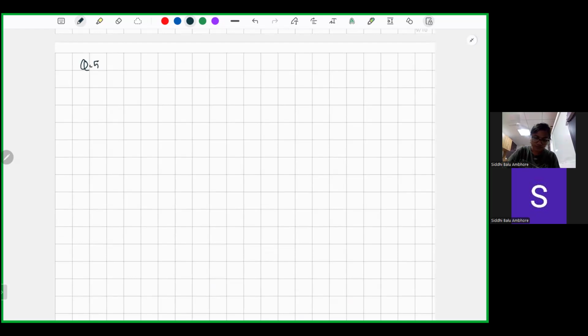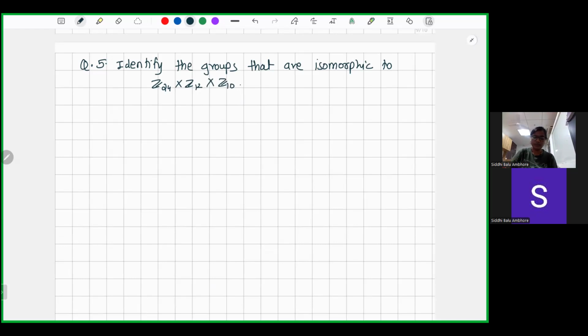Okay, so question 5. Identify the groups that are isomorphic to Z24 cross Z12 cross Z10.